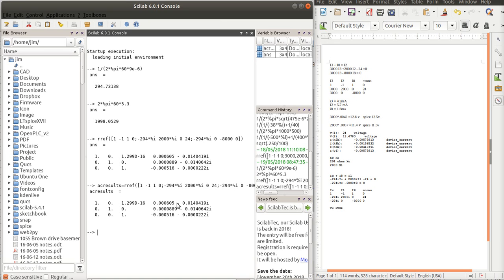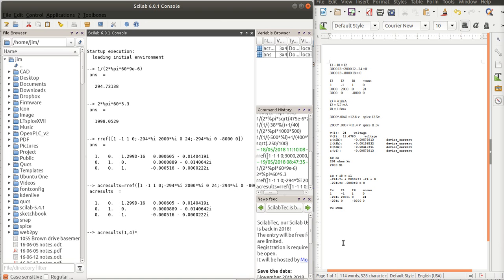So if I want this number here for a current, my IC, I can refer to this variable, row 1, column 4. So my current is AC results, and you gotta spell it right, open parentheses 1, comma 4, and then I'm gonna multiply that times my capacitive reactance, which is minus 294i.